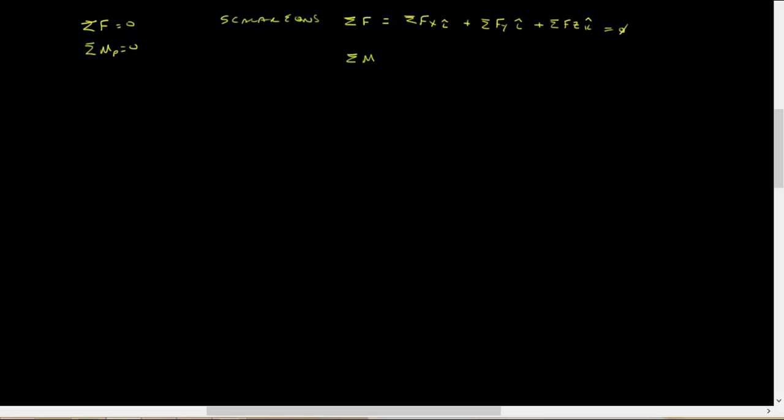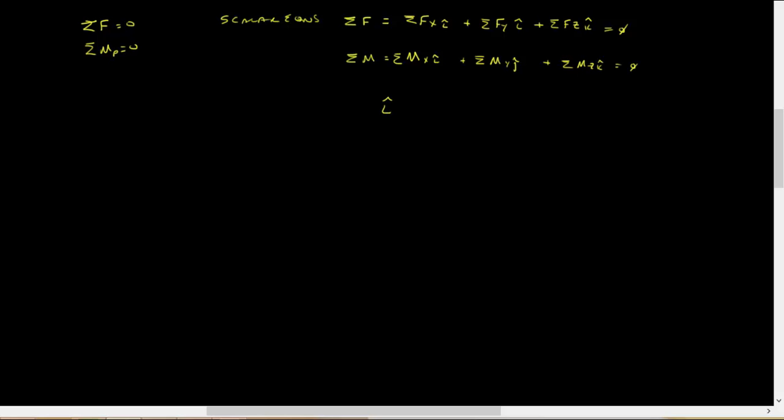And we have my sum of my moment is equal to my moment about the x, my moment about the j or the y, and my moment about the z is all equal to 0.